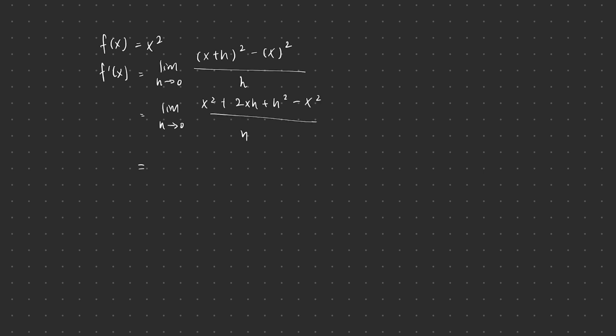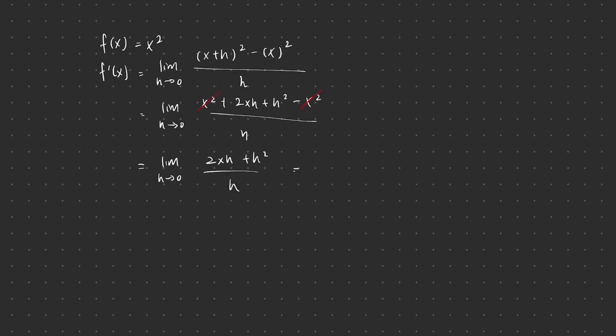We can simplify this by getting rid of the x squared, so it's 2xh plus h squared over h. If right now we take our limit of h going to 0 and substitute that value into our equation, we would just get 0. That would not be useful for us, so we want to simplify this further.